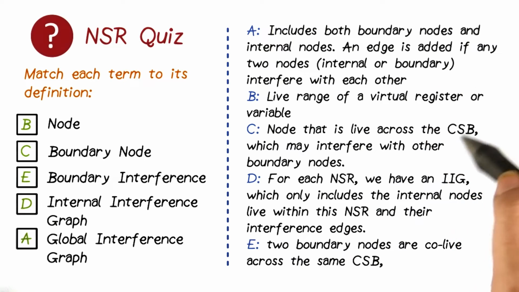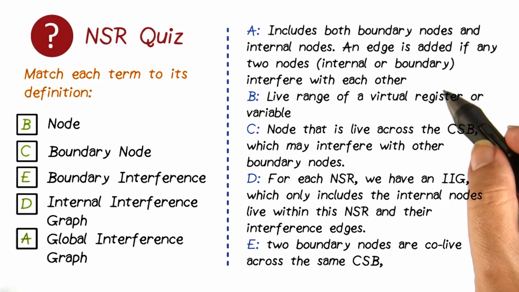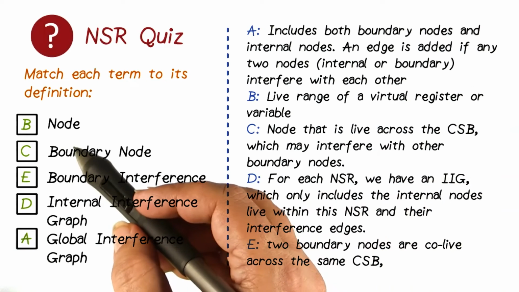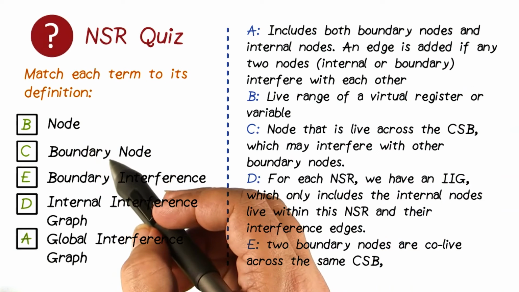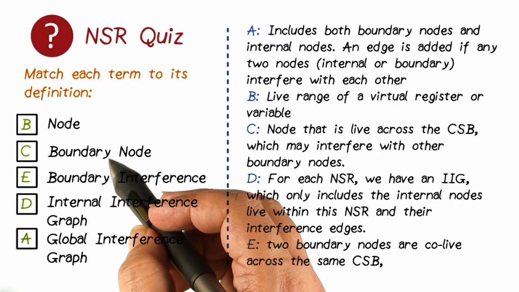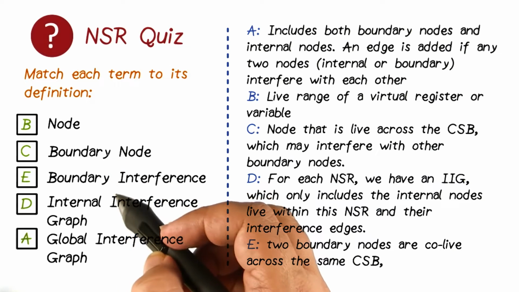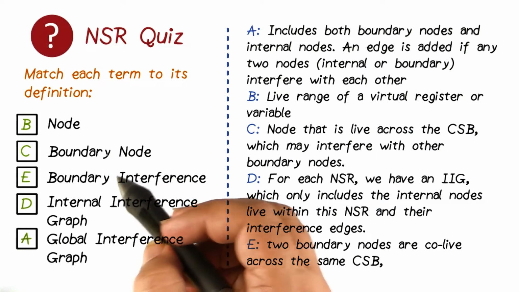So I hope this clarifies how we are setting up the problem for register allocation now that we have found NSRs. Again, we have some nodes which are boundary nodes for live across attributes across the NSRs. Then we have boundary interference, which is between the two NSR nodes.